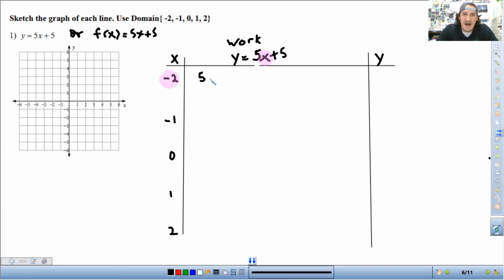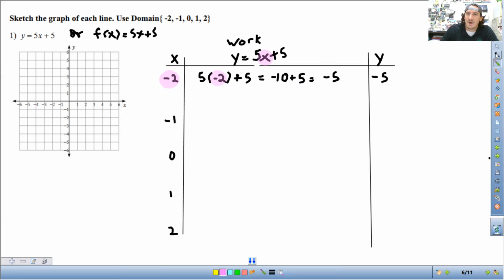So it's going to be 5 times x plus 5, and I'm going to input -2 into the x there. And then I just evaluate that. 5 times -2 is -10, plus 5. -10 plus 5 is -5. So an input of -2 gives you an output of -5. Again, I'm just inputting the value into there. And then I'm going to do that for each domain.